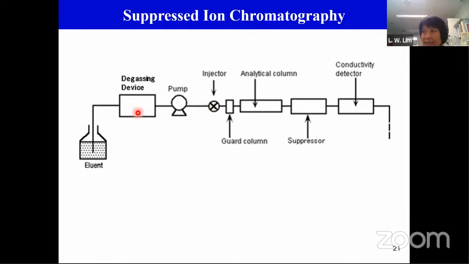If you look at the system, compared to a usual single column system, single column meaning only one separation column, you can see there is a suppressor here before the detector. And then there is a guard column here.